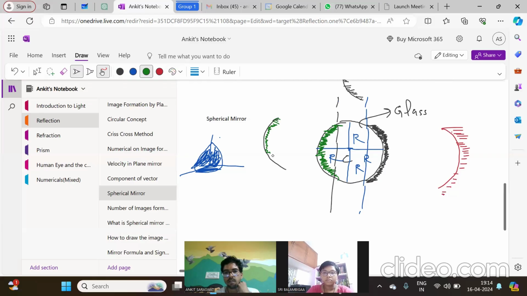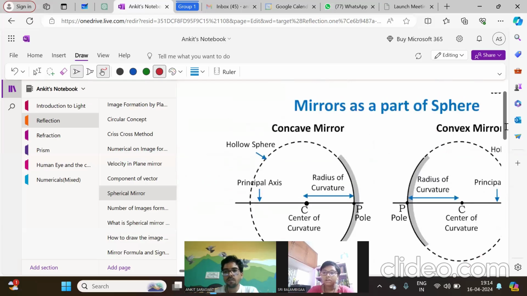This is known as convex mirror. And this is concave mirror. Any doubt? No, sir.